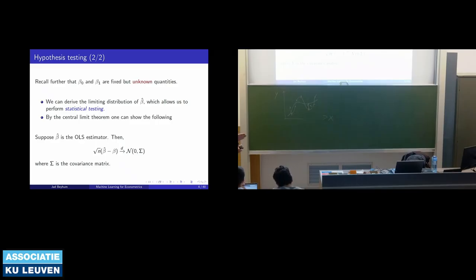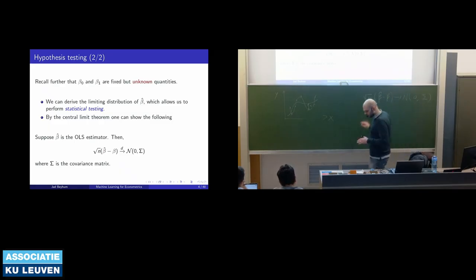If I look at the distribution of beta hat across all these samples of 1,000 Belgians, then what I can show mathematically is that square root of n times (beta hat minus beta) will converge to a normal distribution.